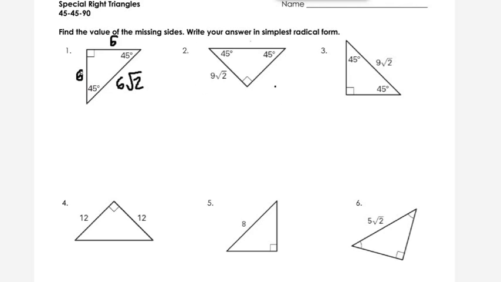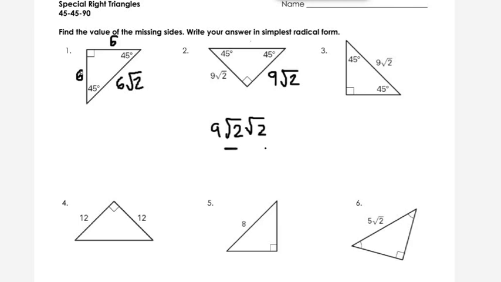Next, we have here number 2. The legs are going to be 9 square root of 2, and this one should also be 9 square root of 2. Now, the hypotenuse is going to be 9 square root of 2 times another square root of 2.